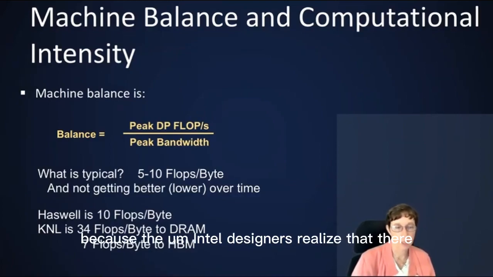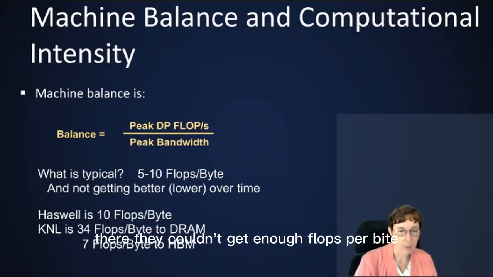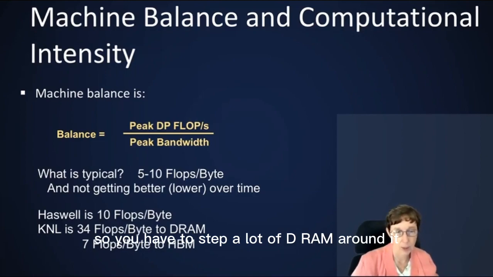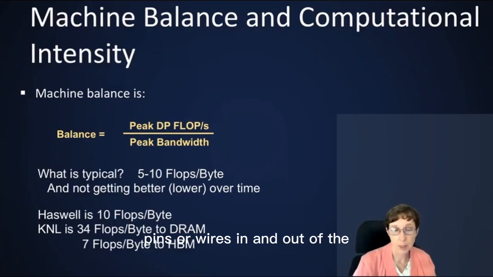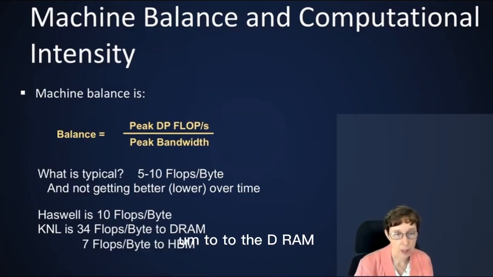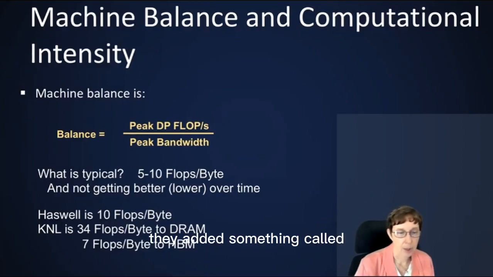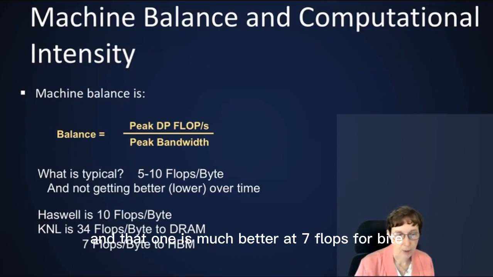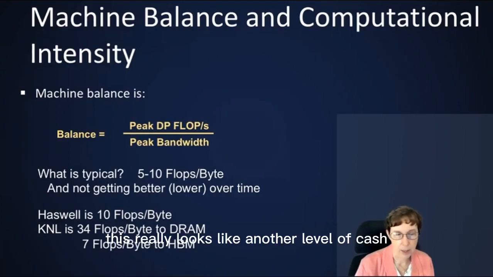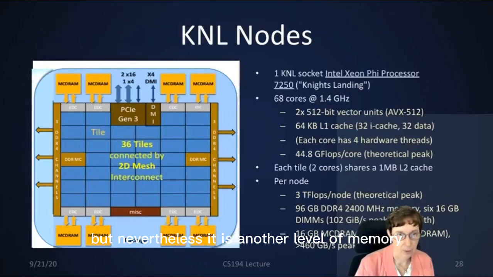For that reason, because the Intel designers realized that they couldn't get enough flops per byte, and part of that is the cost of DRAM, so you'd have to stuff a lot of DRAM around it, and part of it is not being able to get enough pins or wires in and out of the processor chip to the DRAM, they added something called high bandwidth memory, or HBM, and that one is much better at 7 flops per byte. And mostly with the way we use the system, this really looks like another level of cache, but nevertheless, it is another level of memory.